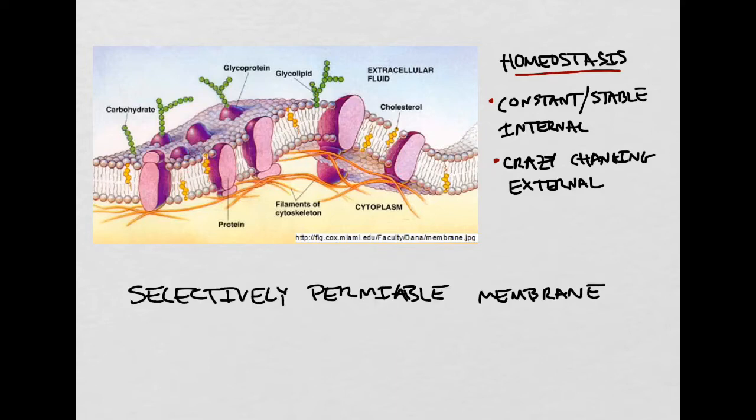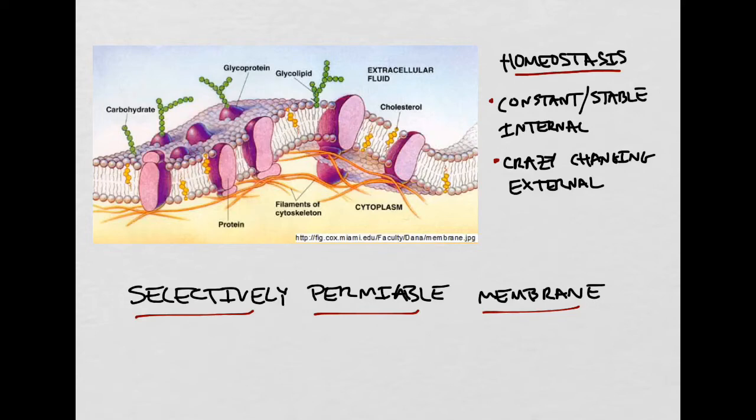Because of the nature of this bilayer, which is both hydrophilic right here and hydrophobic in here, the membrane is choosy on what it allows to diffuse through it. So we've got this idea of selectively permeable. Only certain types of molecules will be allowed to come inside through the membrane.